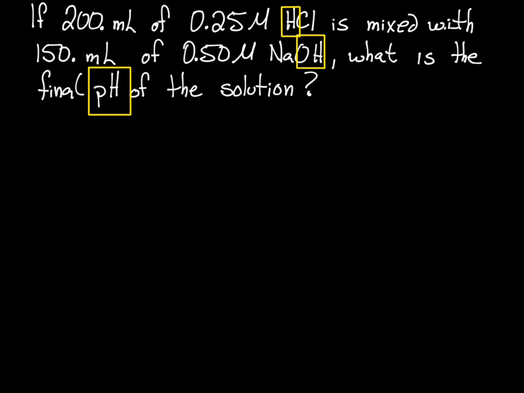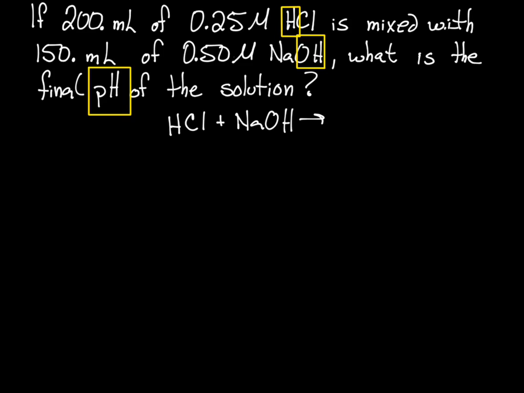So if we write our little reaction, what would be happening if we mix together HCl and NaOH? Remember that HCl is a strong acid, so it's going to be H plus and Cl minus, plus NaOH. The HCl is going to completely ionize, as is the NaOH.